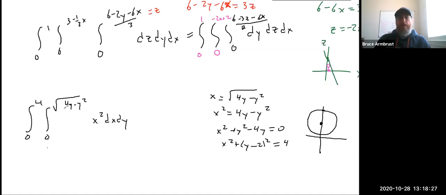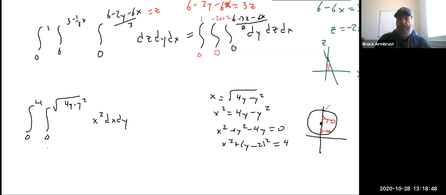Okay, but our x's are going from 0 to the square root. So 0 to this circle, which means integration man is lying like this. So there are some examples of integration man. And then he goes from 0 to 4.